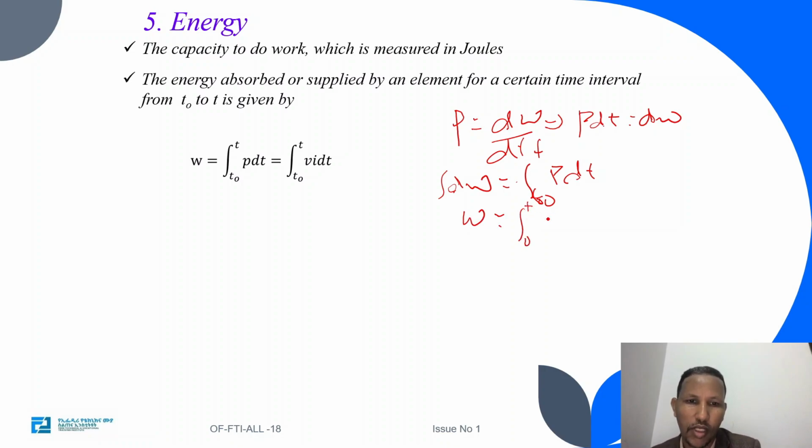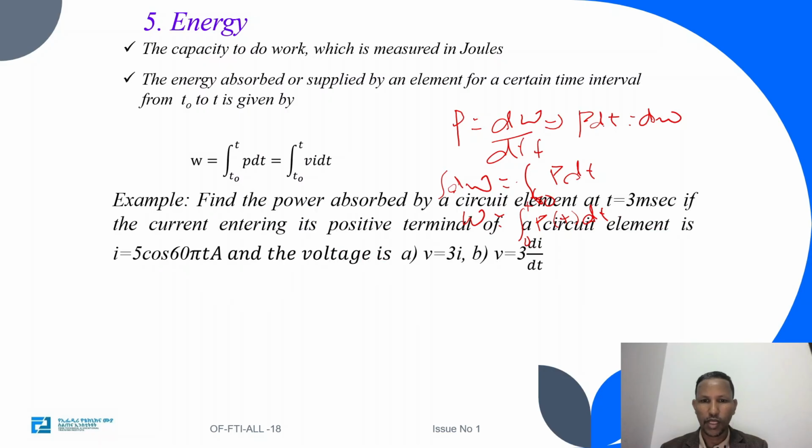If the power expression is given, we can determine the energy absorbed, or the energy transferred from the source to the load, if you have the power expression for a certain time interval. So that's how we can determine the energy transfer from the source to the load.